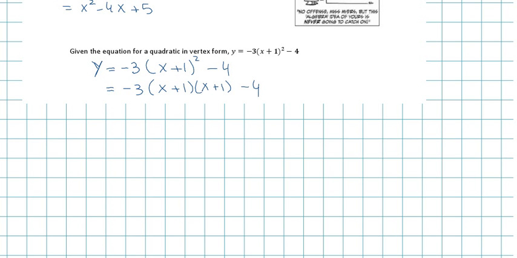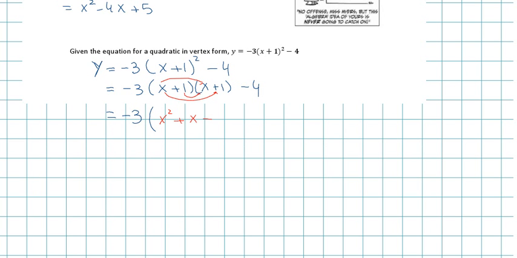So let's do that. If I want to FOIL (x + 1) times (x + 1), what do I get? x squared plus x plus x plus 1. And then you add -4.